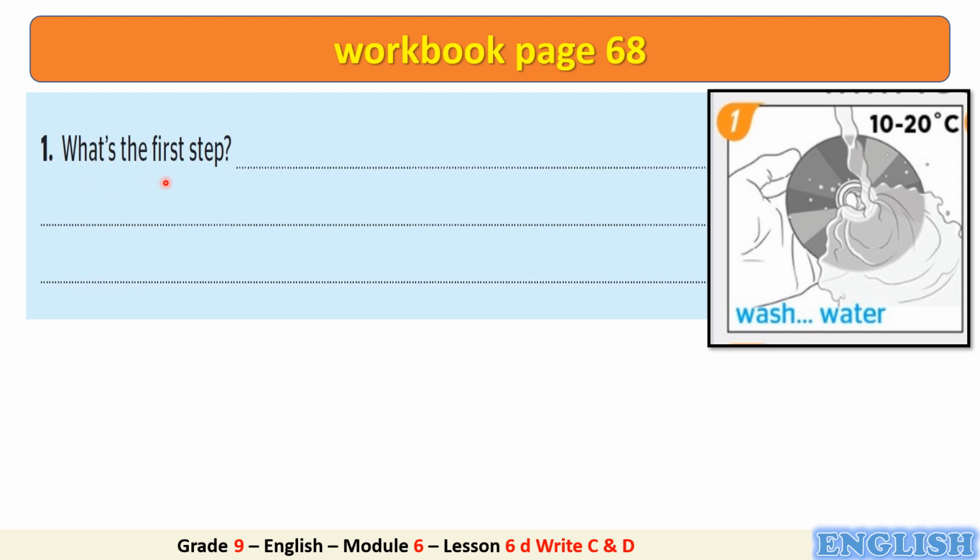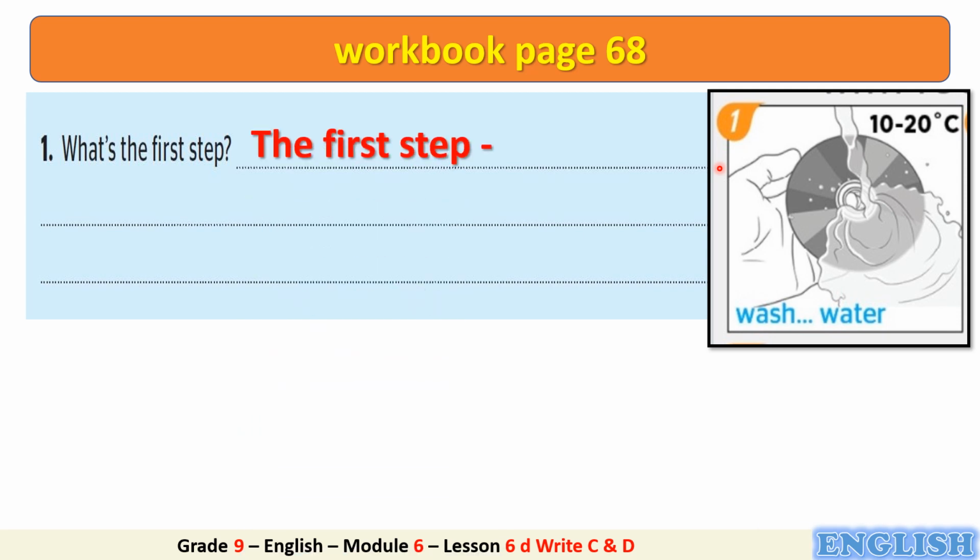Now, let's answer the question about the first step. Remember, the image in the diagram provides us with the information we need in order to write the description. Here we are going to read some helping phrases in order to make meaningful sentences.